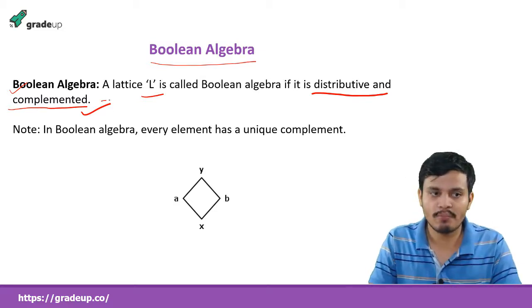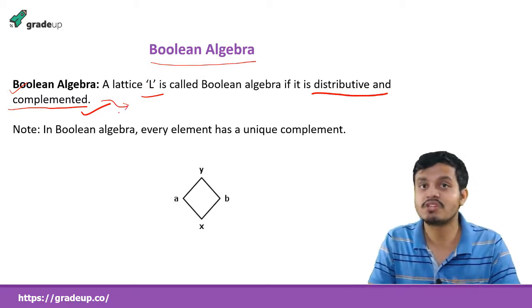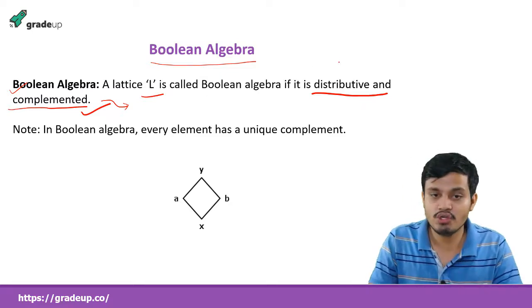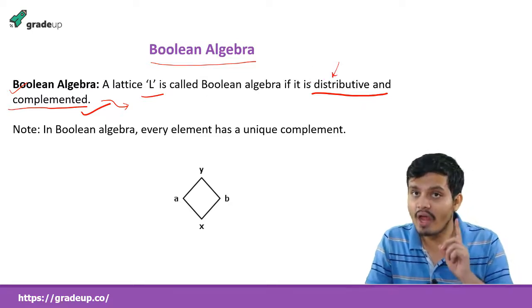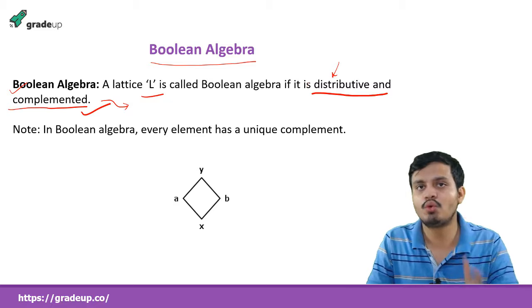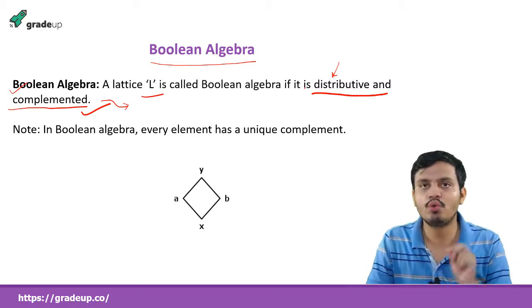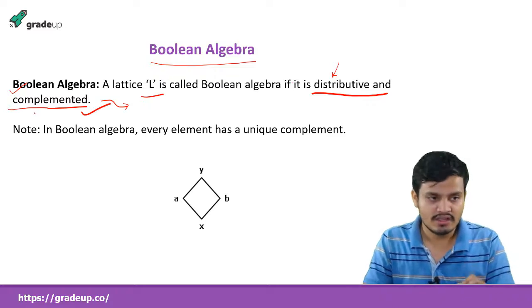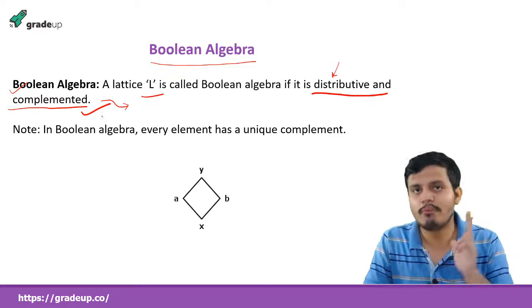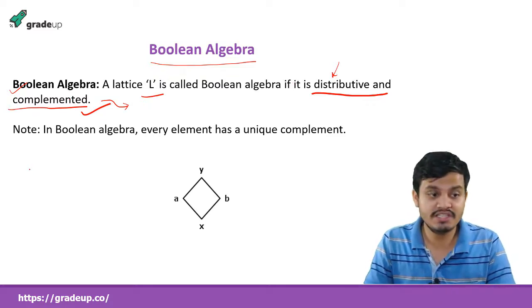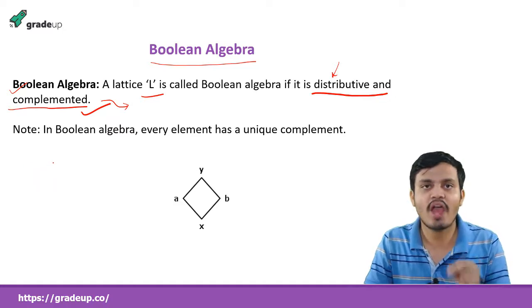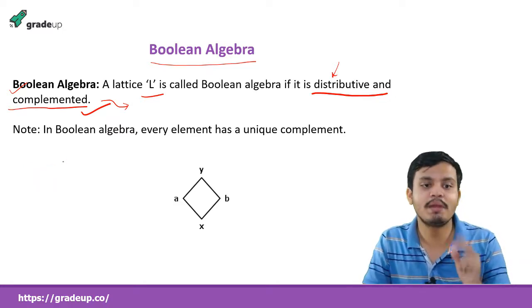And what does distributive say? That for any element there will not be two or more complements. So it means that every element should have a unique complement.